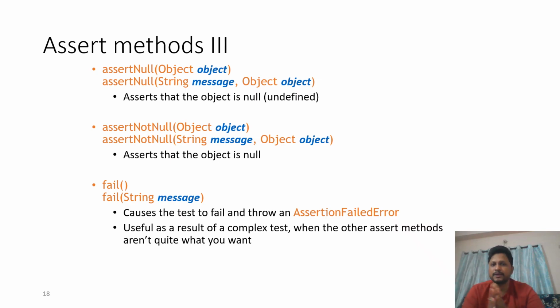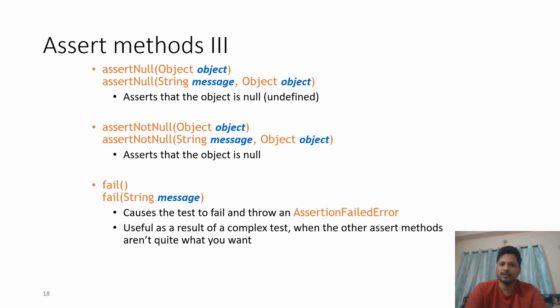Next, among the assert methods, assertNull is used to check whether the object we are getting is null or not. And if we want to describe the object with a particular message, we can use assertNull with the message and also with the object.